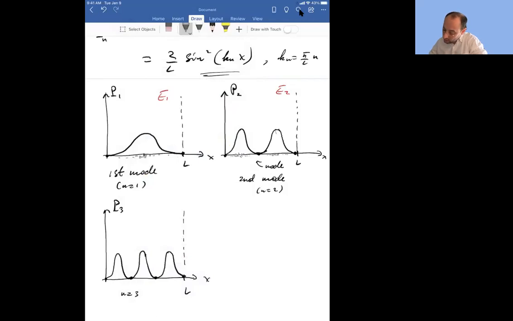So these are the most likely values, either this one or this one. You're also quite likely to get positions in the neighborhood of these most likely values. Again, that's not a classical behavior. So that's what it means, right? So I'm trying to build comfort around the statistical view of particles.